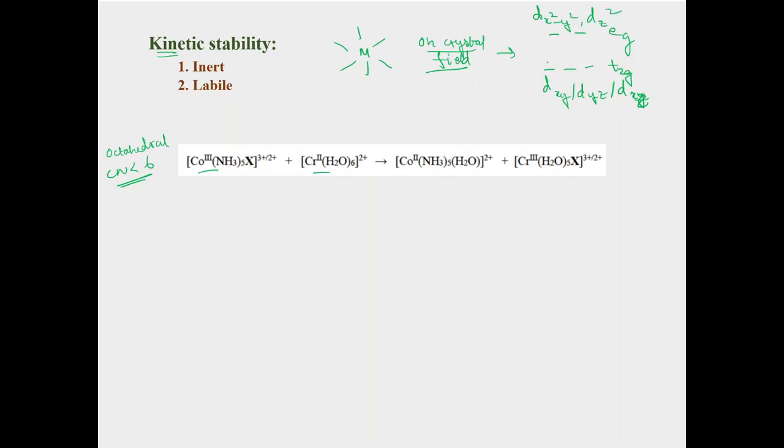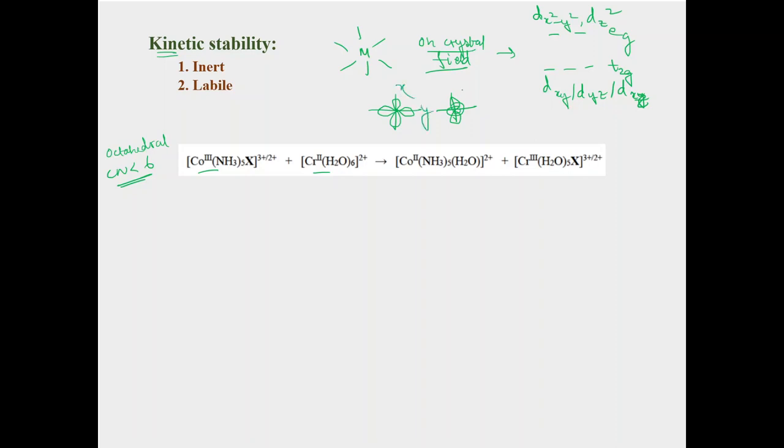Okay. So why is this T2g lower in energy? Because as we said, in octahedral complexes, the ligands are approaching from the axis, and the lobes of dx square minus y square and dz square are present on the axis, right?